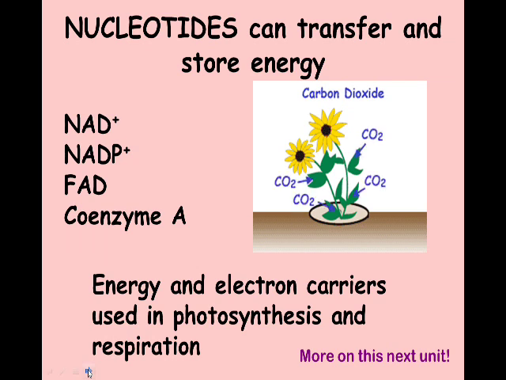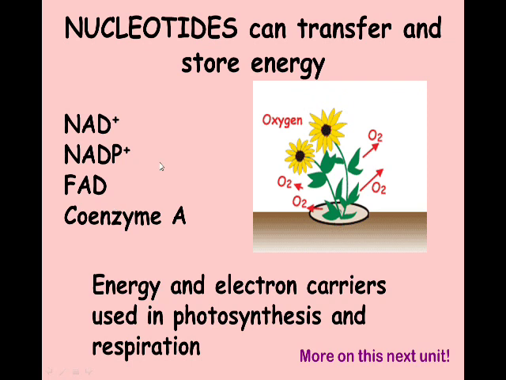Another place that nucleotides are used instead of building DNA or RNA is they are also energy storage and transfer molecules. And we talked about some of those enzyme helpers, electron transporters, NAD, NADP+, FAD, coenzyme A in respiration.